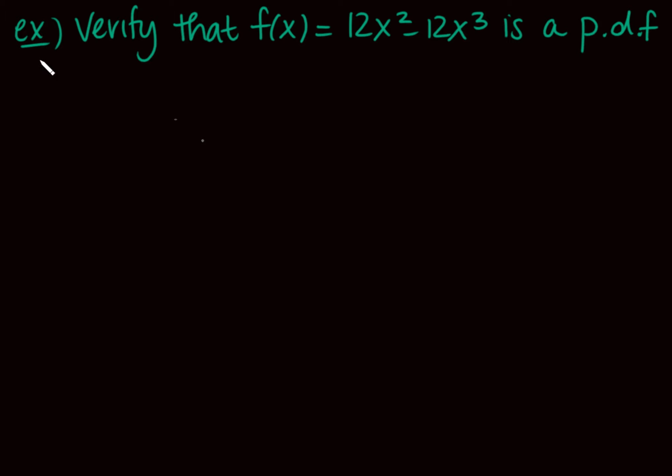It's a probability density function for x over the interval, oh, I don't want negative 1. I made this mistake in my face-to-face class and it didn't work. So you guys are lucky I teach this in my face-to-face class first and I figure out all the mistakes. All right, so let's verify that this is a probability density function between 0 and 1.